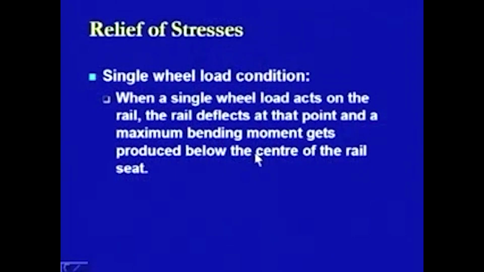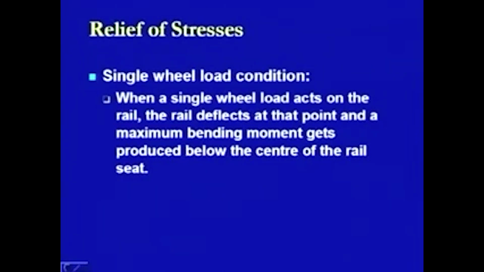Now, here there are two types of conditions which can be there. One is there is only a single wheel load which is coming from the top, which is the most ideal condition, otherwise it is not happening in actual on the tracks, because on the tracks we have the moving rolling stock which is a combination of different moving parts, that is locomotive and wagons.